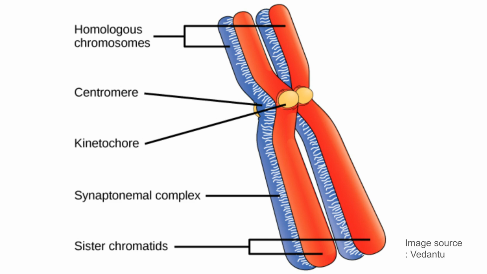It plays an important role in exchanging genetic material, which we call crossing over. This is why we don't look exactly like our parents or siblings. It increases genetic variation. So summarizing, a chromosome is made up of chromatids joined by a centromere with equal arms. During meiosis, the synaptonemal complex helps in exchanging genes.